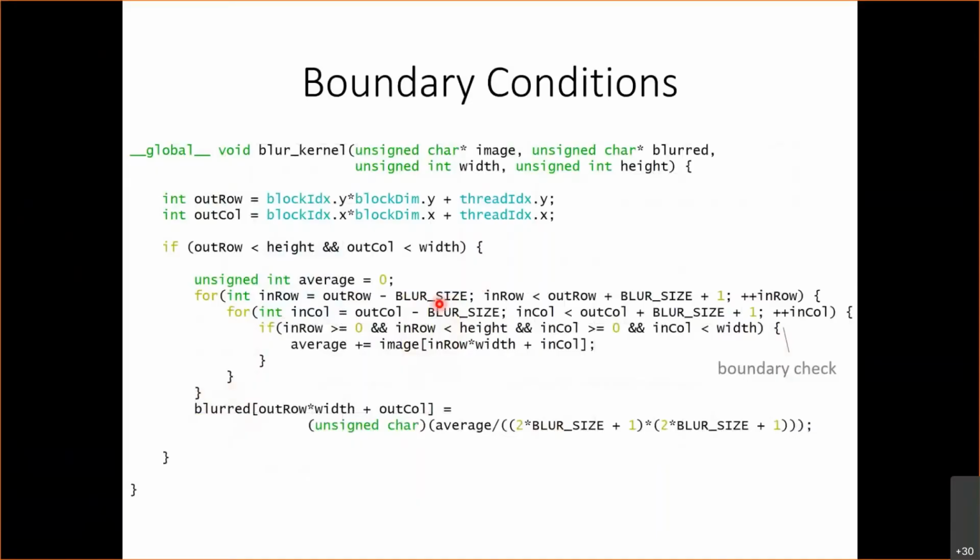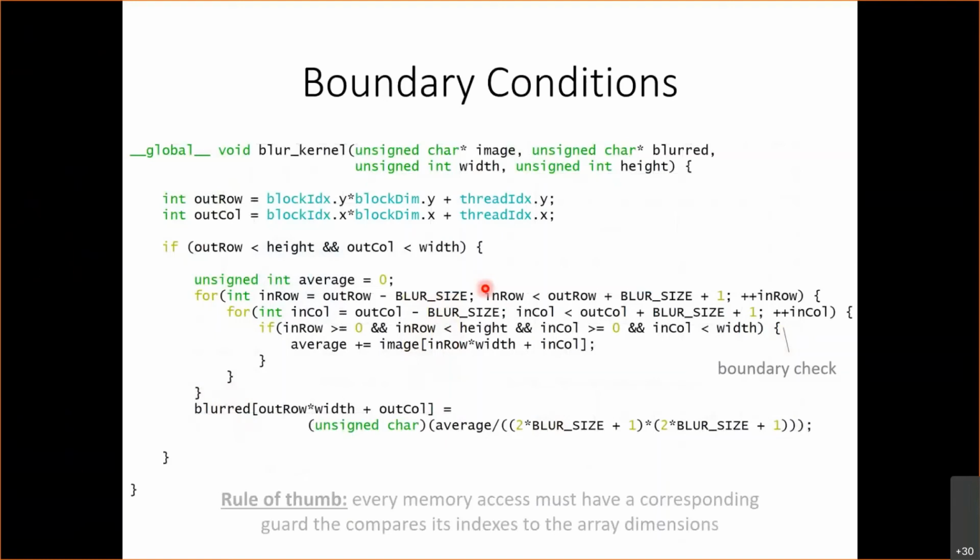So this is the code that we just wrote, and a rule of thumb for boundary conditions is that every memory access must have a corresponding guard that compares its index to the array dimensions. One of the hardest things to get right, I often say, is that half of parallel programming is index computations and boundary conditions.